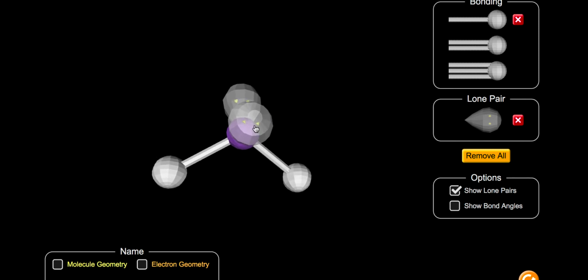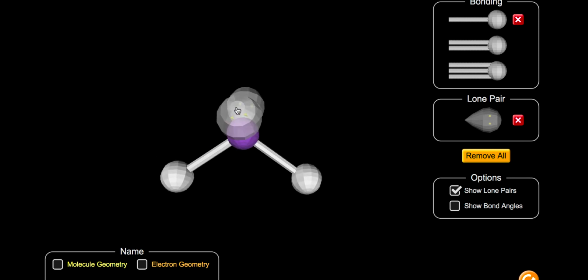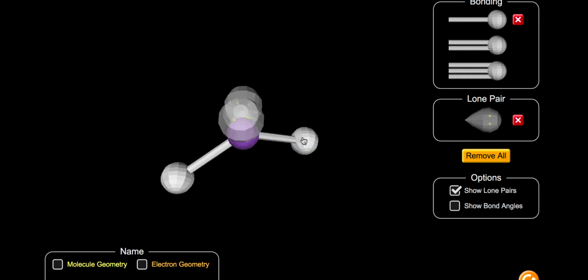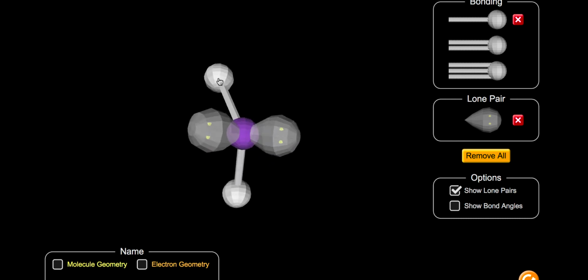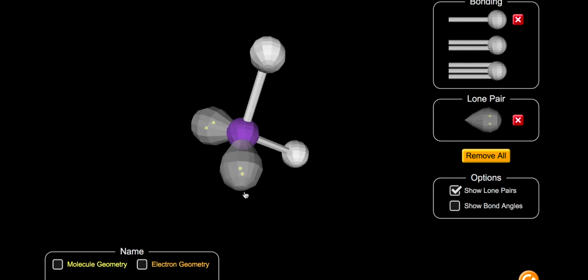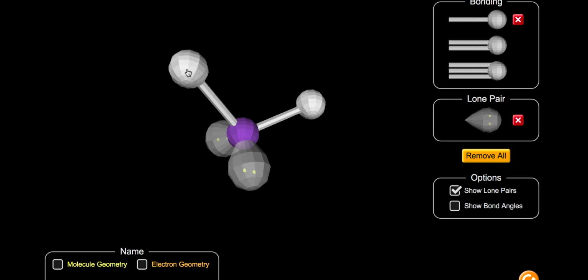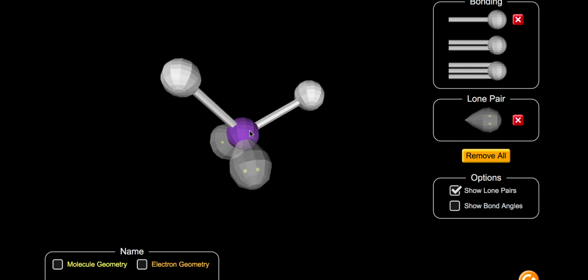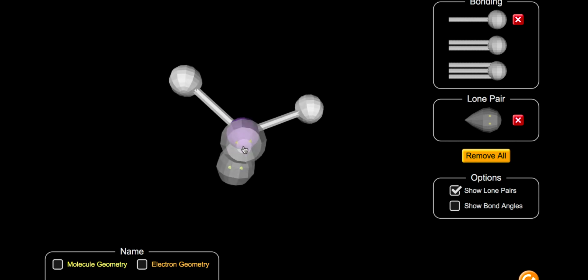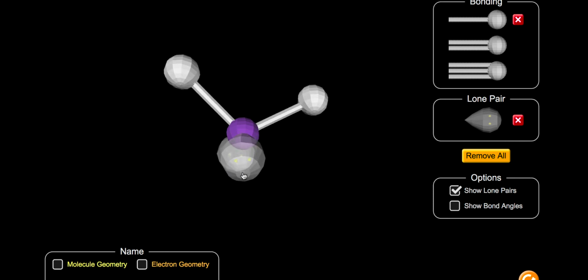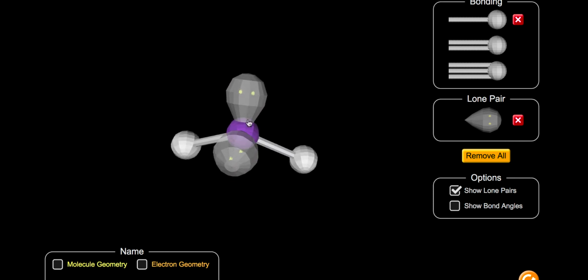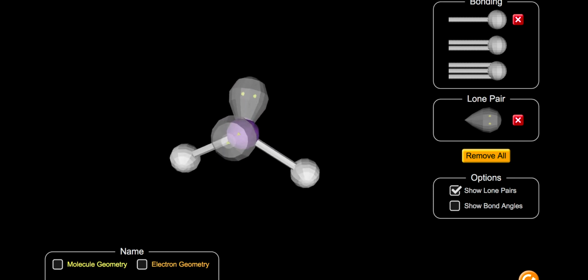This is how I like to draw it, with 2 pairs of electrons on top, and then my fluorines going downwards. If instead you want to flip it, have the oxygen on bottom, you totally can do it. You can have your fluorines on top and your oxygen on bottom, and I'll show you how to draw both of those in just a second. But this is your shape. Play around with it, but it's the bent shape.